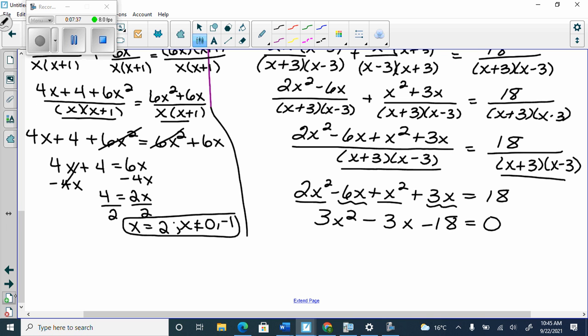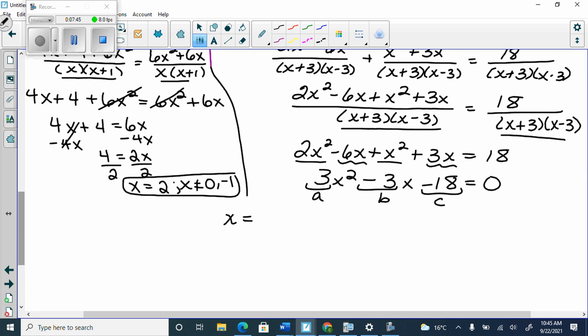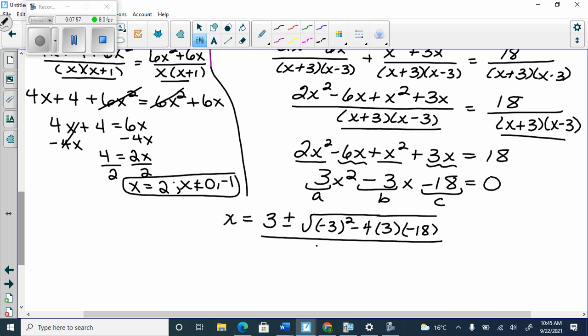Now I have my A, my B, my C. x equals negative b, negative 3, so 3, plus or minus the square root of negative 3 squared minus 4 times A, which is 3, times C, which is negative 18, all over 2 times A, which is 3. So I get x equals 3 plus or minus, this becomes 225 over 6.